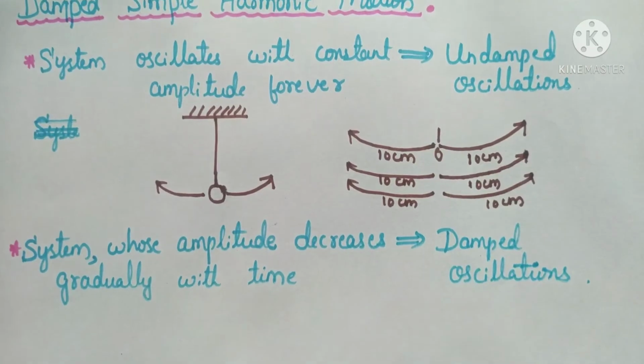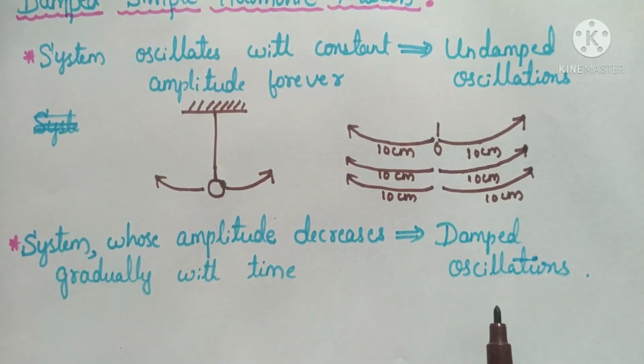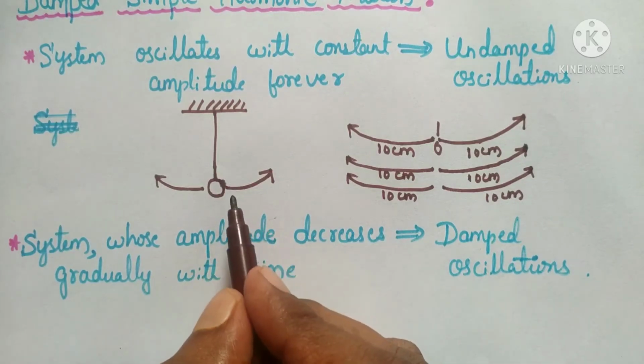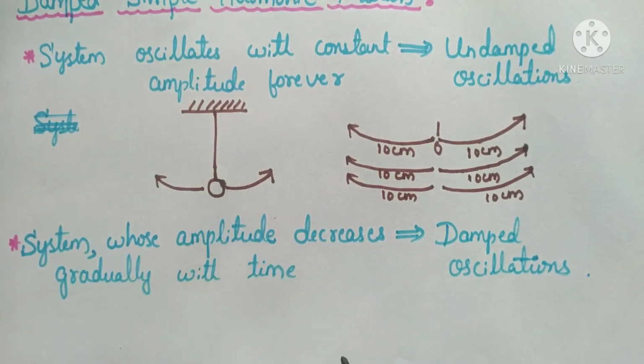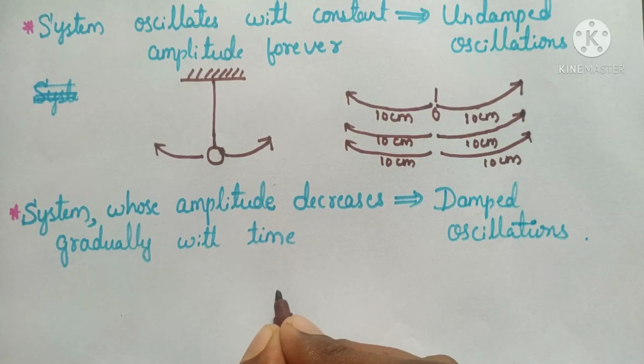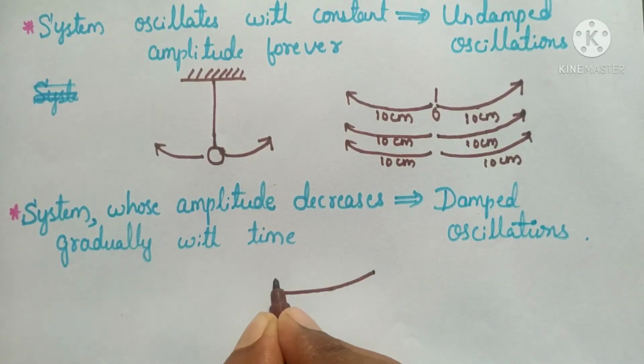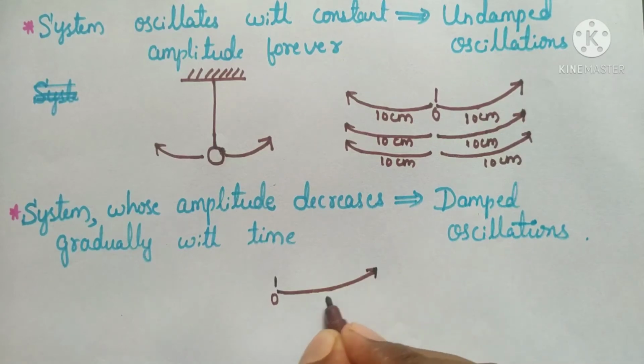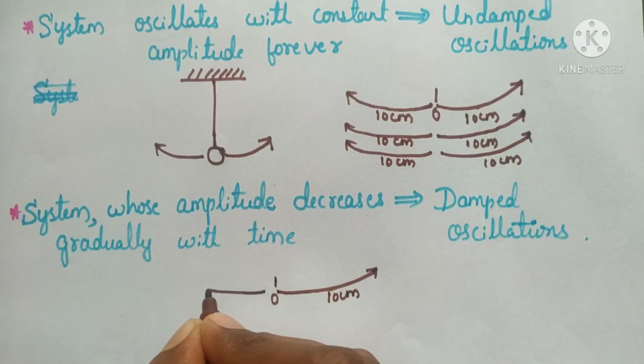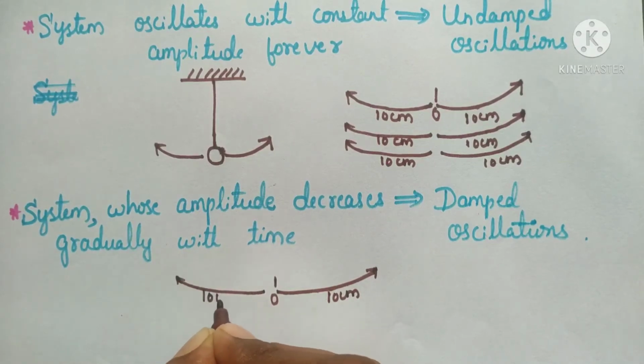Next we'll see damped oscillation. Here if you take the pendulum and apply a force on the pendulum bob, in the first oscillation, let me say here is the mean position, from the mean position towards the right side it has to cover 10 centimeter, and here also 10 centimeter.